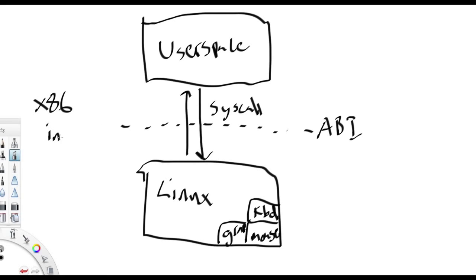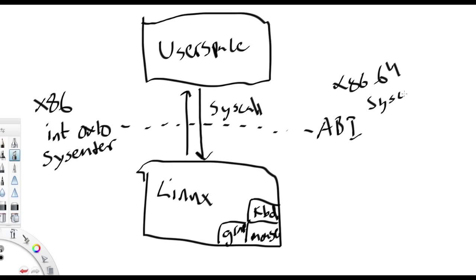You have, for instance, interrupt 0x80 on older Linux kernel versions, but on newer kernel versions, it has been replaced by sysenter, and on 64-bit, it's instead the syscall instruction. And this is only on Linux. And then if you have other operating systems, it will be different still.